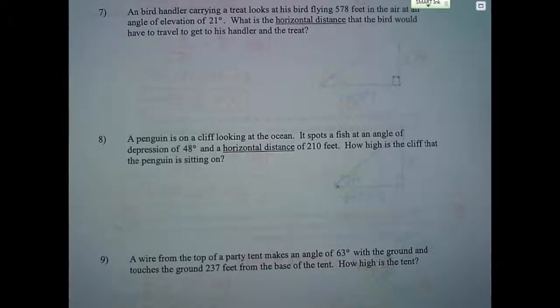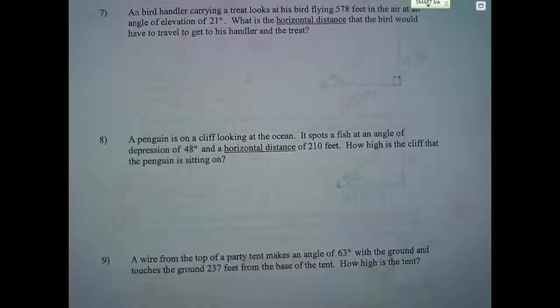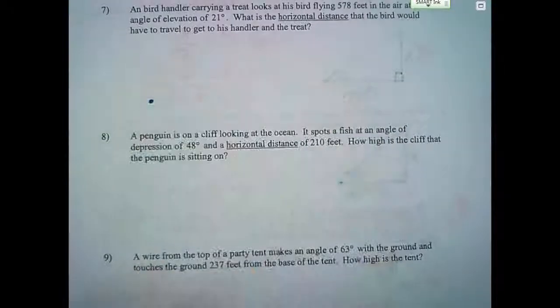A bird handler carrying a treat looks at its bird flying 578 feet in the air. I would never get that bird back. At an angle of elevation of 21 degrees. So you're on the ground right here, correct?